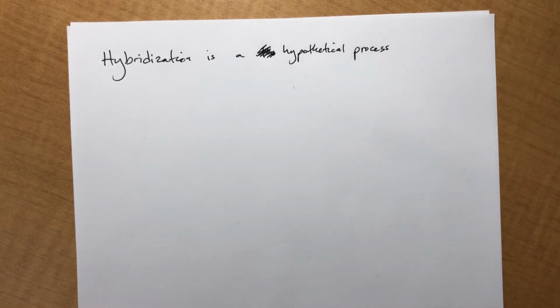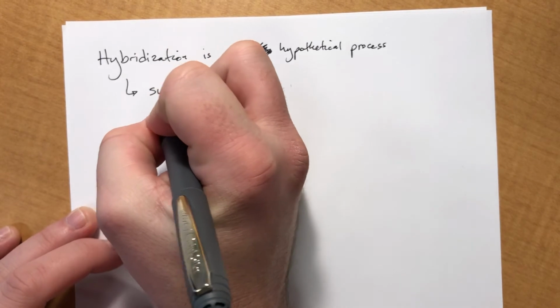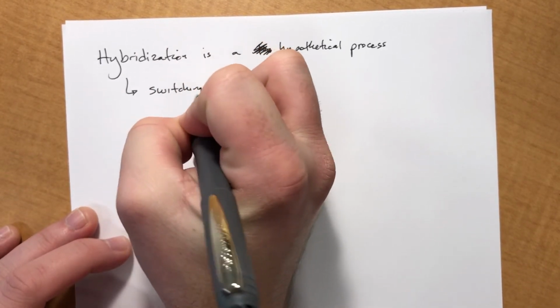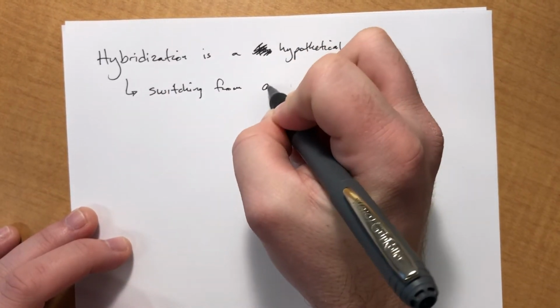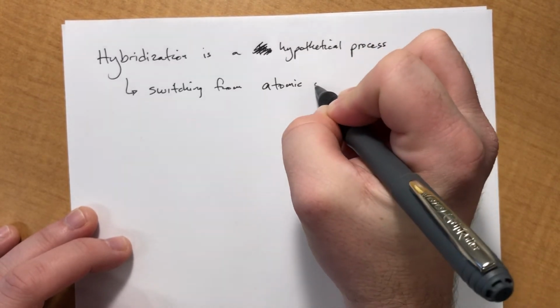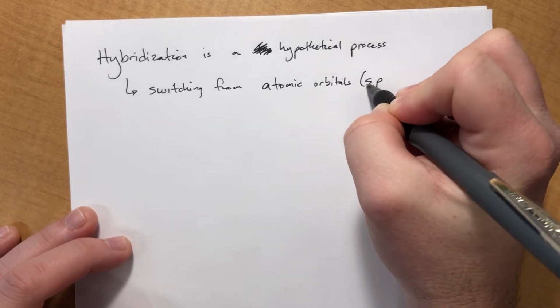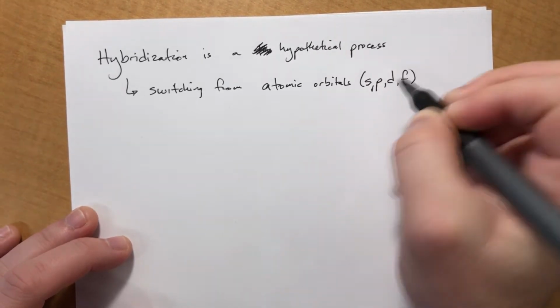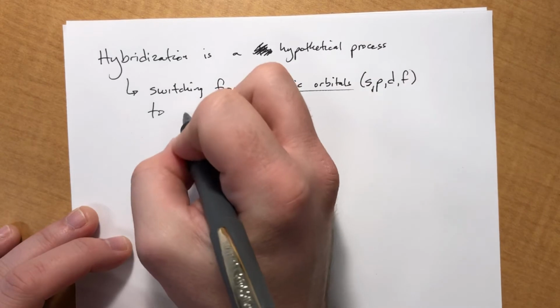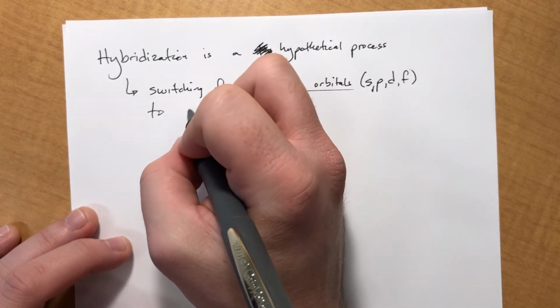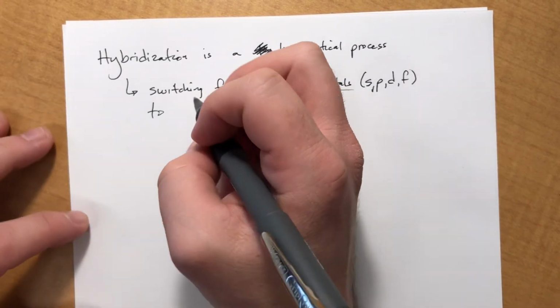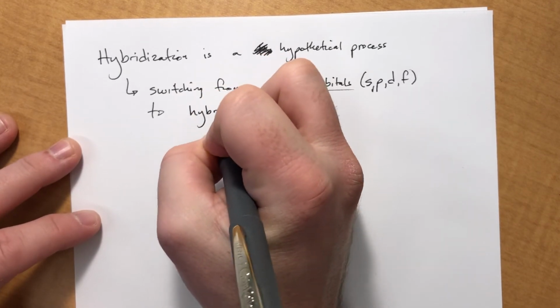Okay, it's generally thought of as switching from atomic orbitals to molecular orbitals, or hybrid orbitals. So atomic orbitals, which are s, p, d, and f, to bonding orbitals or molecular orbitals, usually they're referred to as hybrid orbitals.